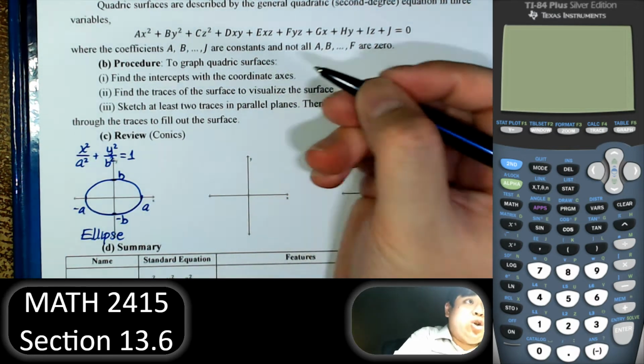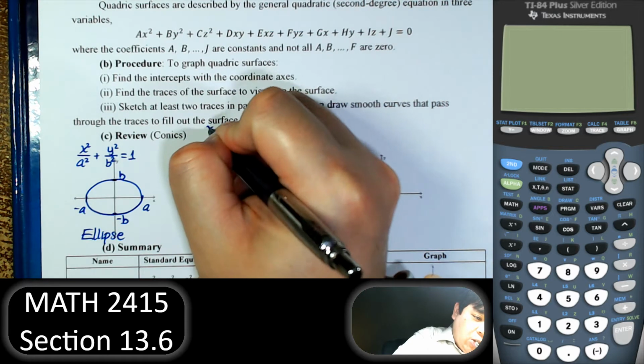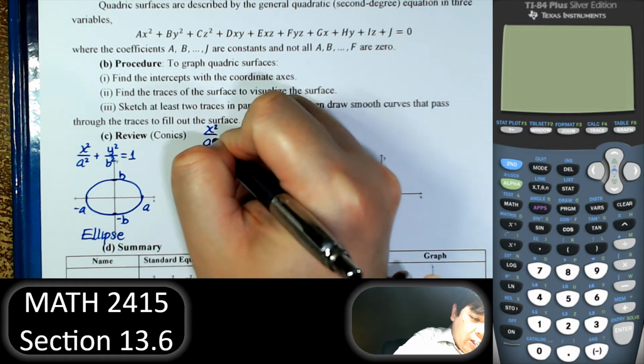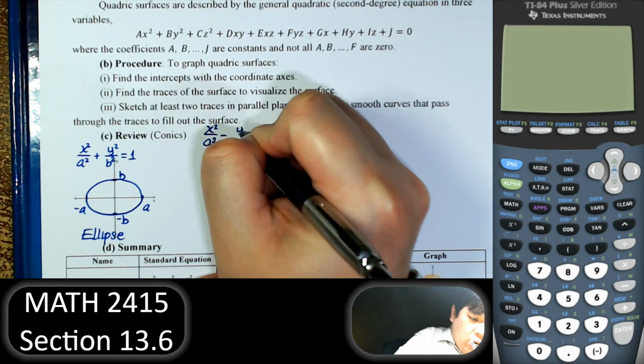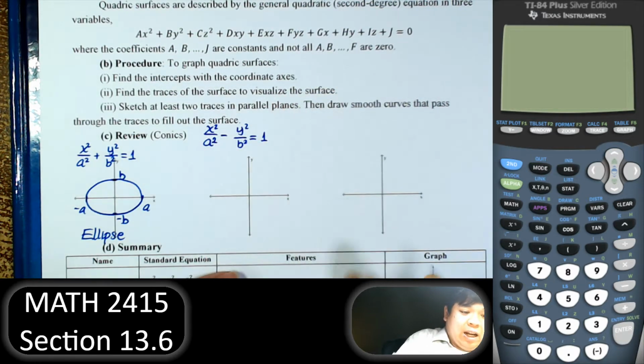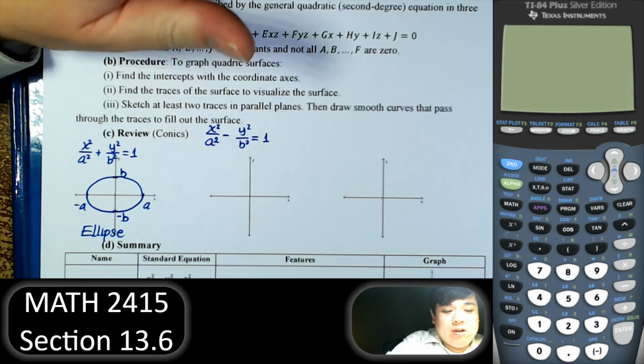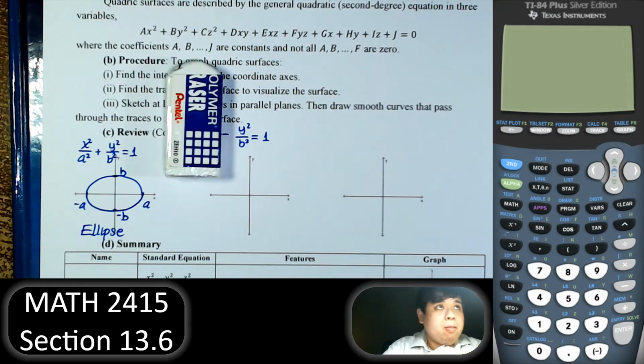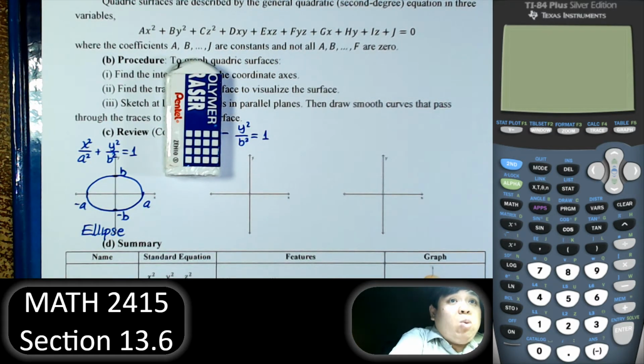Next, let's look at two equations. First, x squared over a squared minus y squared over b squared equal to 1. Now if you let x equal to 0, then y squared equals negative b squared. That is no solution.